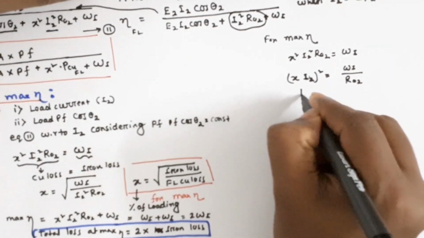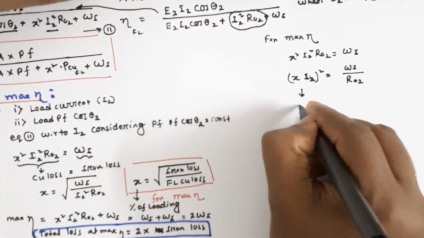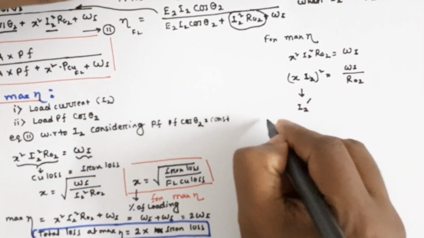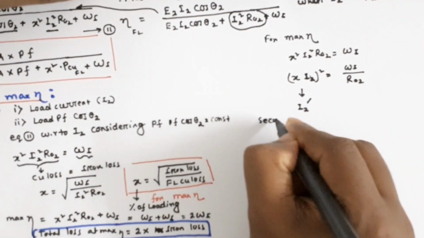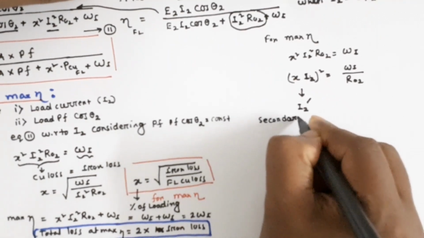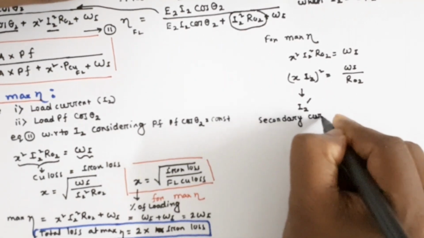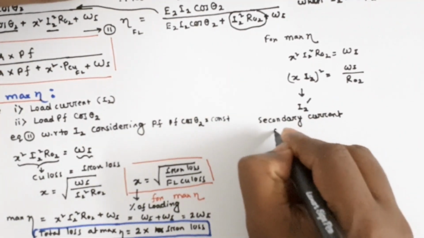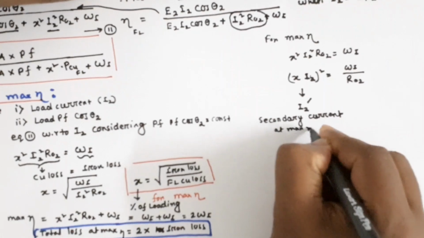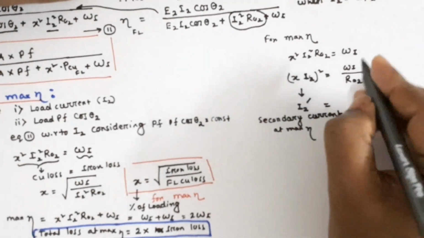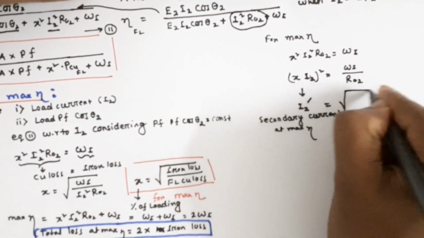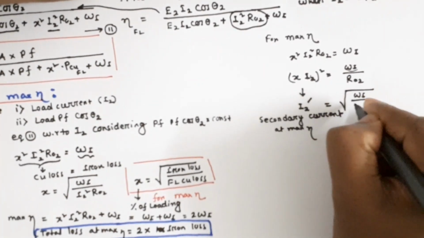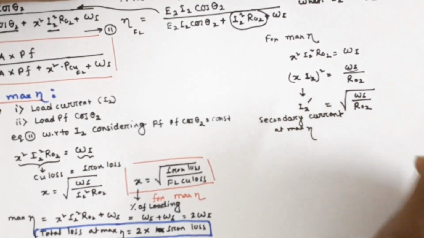This current I can write as I2 dash, that means secondary current at maximum efficiency is given by root over of Wi, the iron loss, divided by R02.